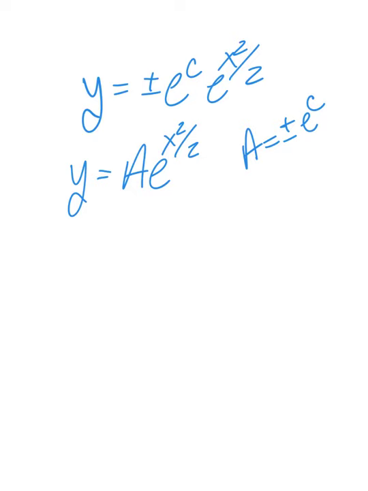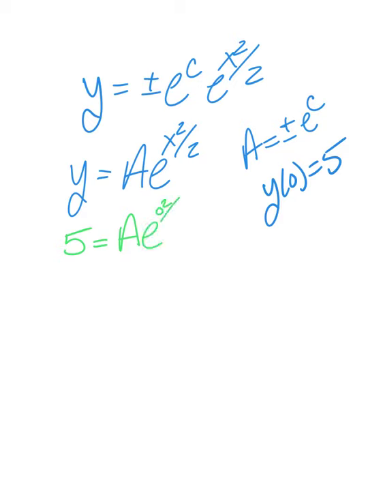Now, our initial condition from the very beginning where I said y of 0 equaled 5. So 5 is y equals a e to the 0 squared over 2. Well, this is 0. E to the 0 is just 1. 1 times a is a, so a is 5.